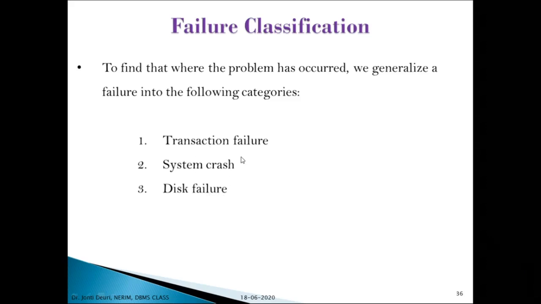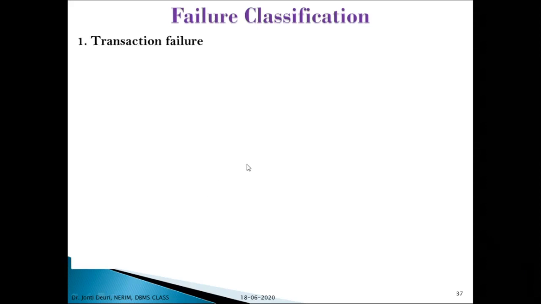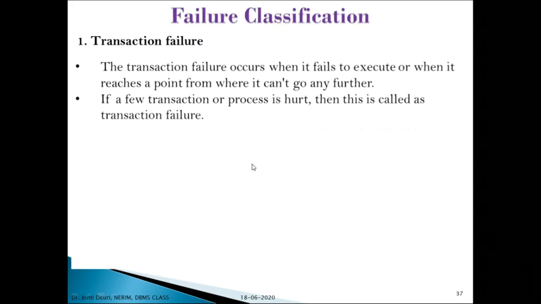So transaction failure means when you are executing your transaction, that process fails because of some error, logical error or syntax error, and your transaction is not completed, not executed. That failure is called a transaction failure, right?